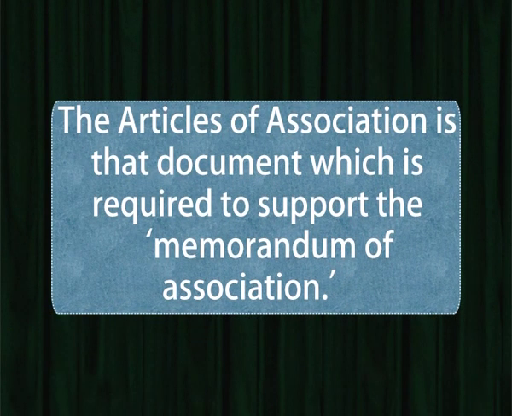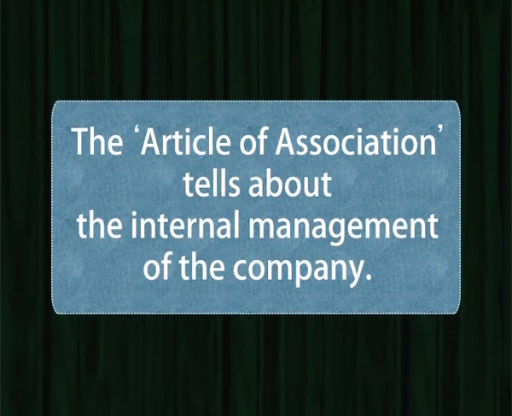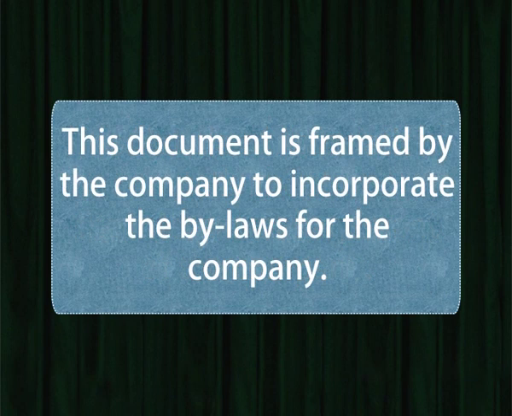The article of association is that document which is required to support the memorandum of association. It is the second most important document. The article of association tells about the internal management of the company. This document is framed by the company to incorporate the bylaws for the company.